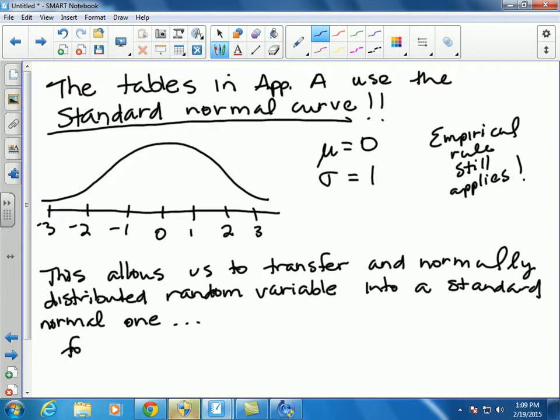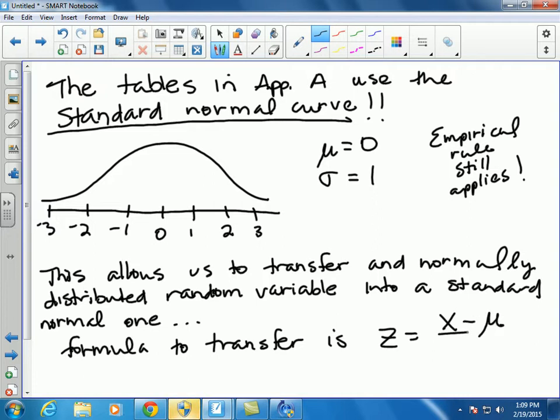And the formula to transform is z equals x minus mu over sigma. So the random variable is z on this axis. These are called z-scores. Your book has had you compute some z-scores previous to now, but this is why we need them. We standardize them to make them work.